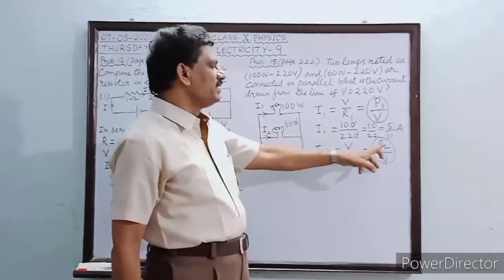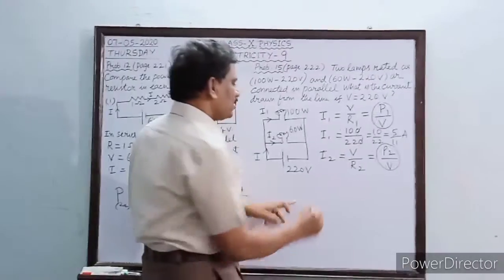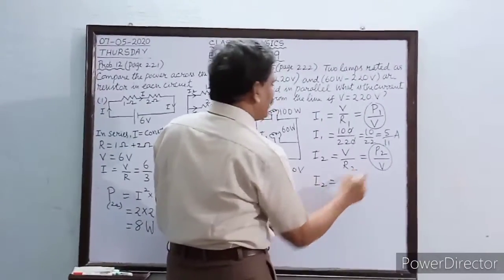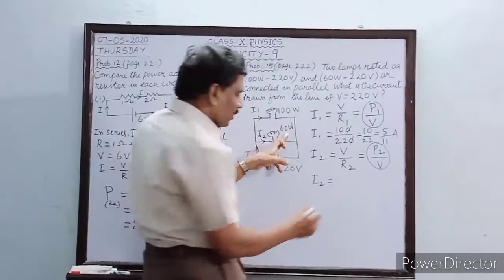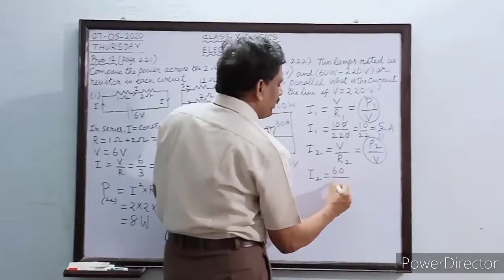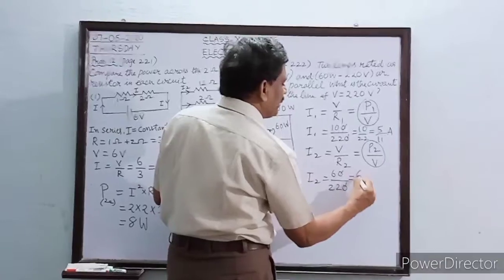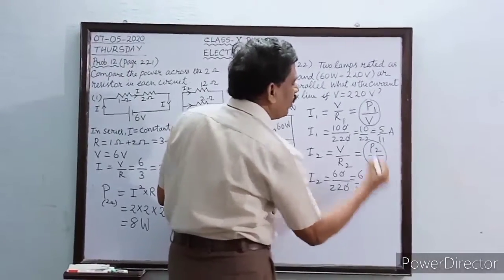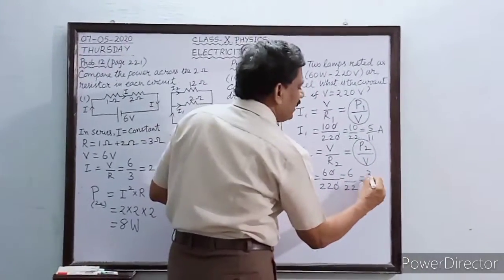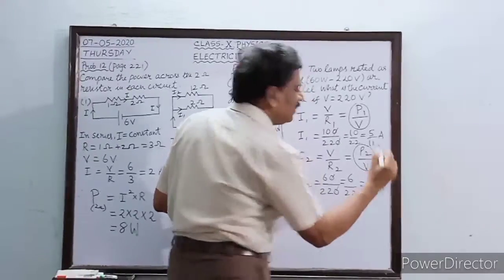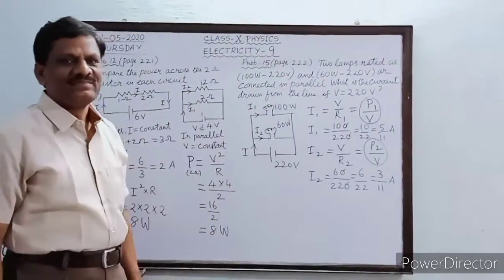Here you substitute P2 divided by V. So now I2 is equal to what? What is the power of the second bulb? 60. So this is 60 divided by, what is the voltage? Same, 220. So the 0 is getting cancelled and this is equal to 6 divided by 22, and this is equal to 3 by 11 ampere. 3 by 11 ampere. Is it not?